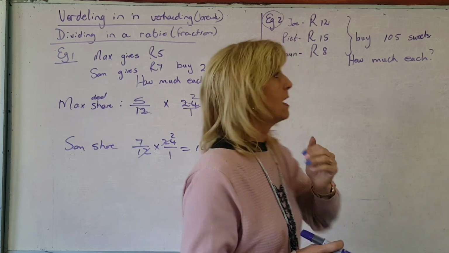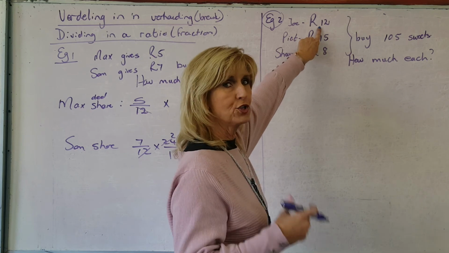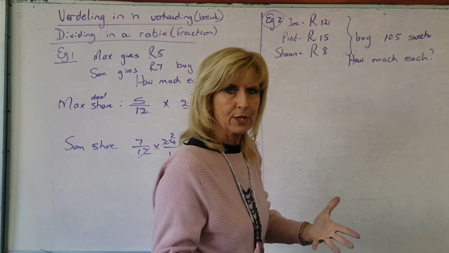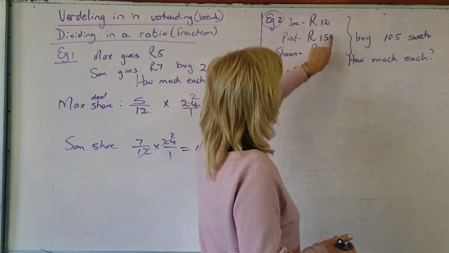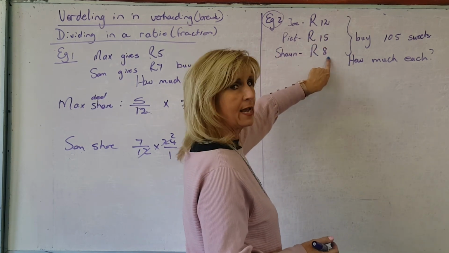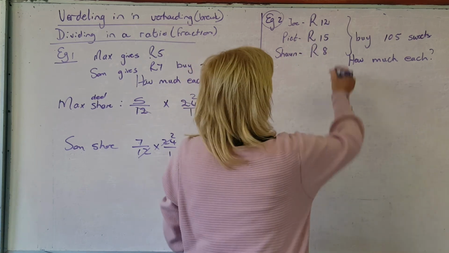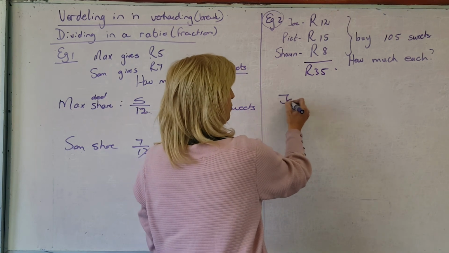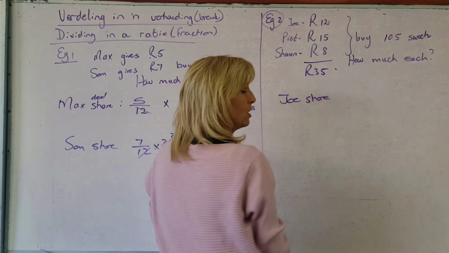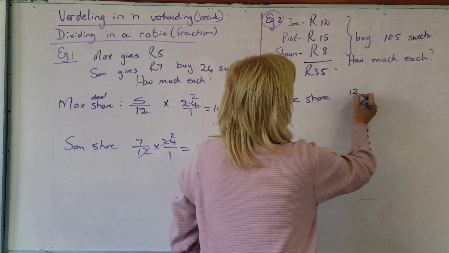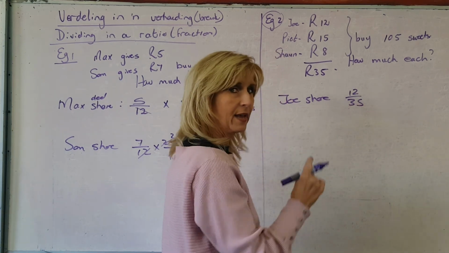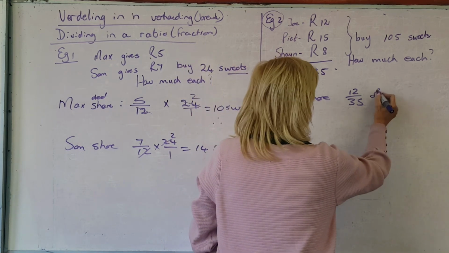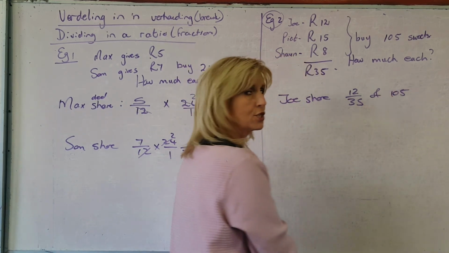So therefore, this guy will get 12 shares, 15 shares and 8 shares of what? Of how much? So he gave 12 and 15 is 27 and 8 is 35. So there are 35 rand in total. That's why Joe's share, Joe's deal, is 12 out of 35 of the 105 sweets.